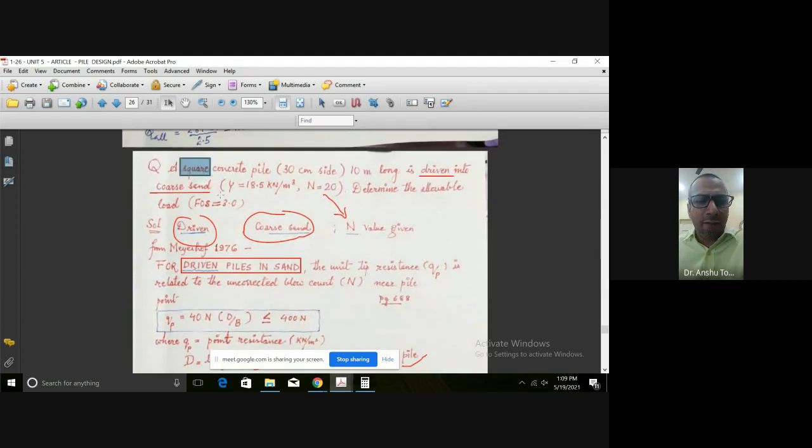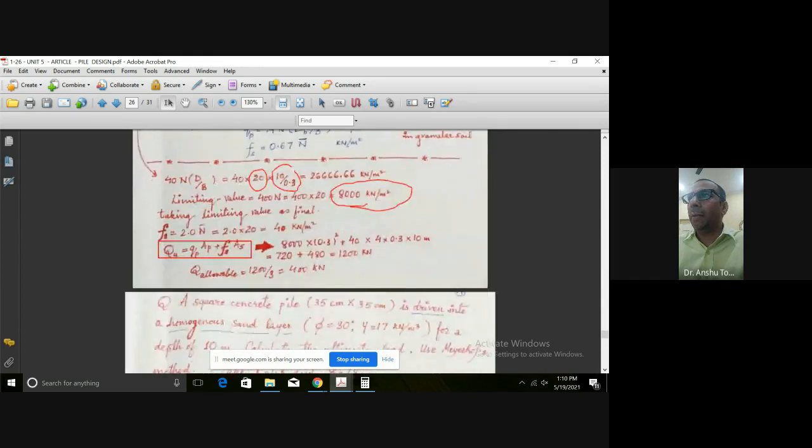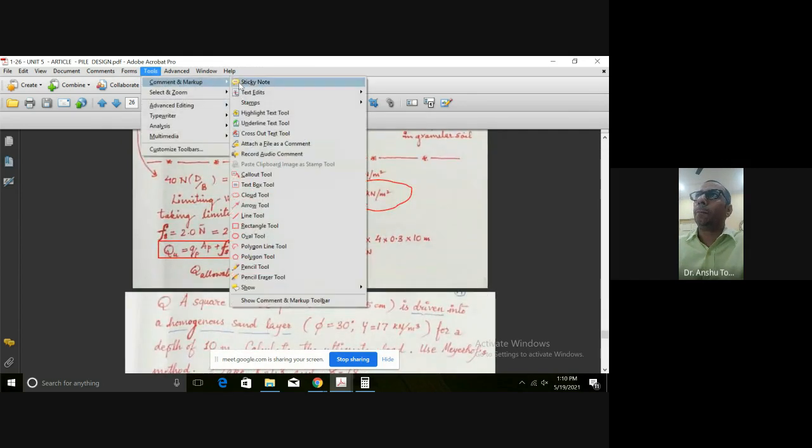So its area will be 0.3 square and its surface area will be, what will be the surface area? Perimeter into height. Perimeter is going to be 4 into A, that is 4 into 0.3 into height. Height is 10 meter. So this will give me the surface area of the pile, and the same thing has been written here.